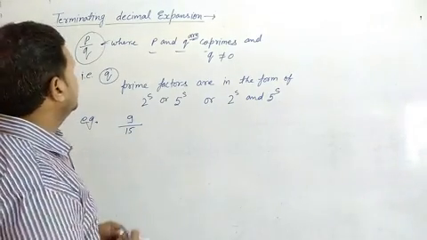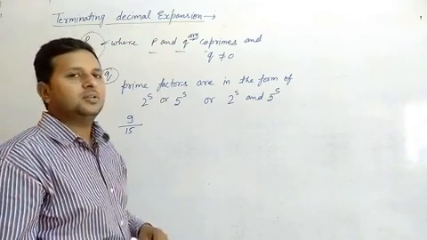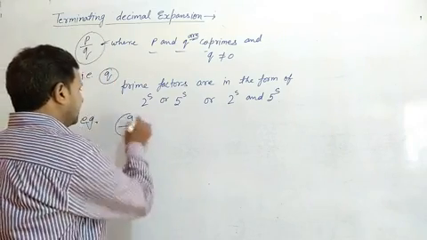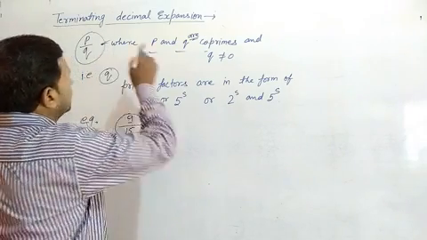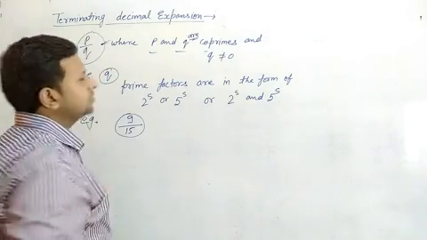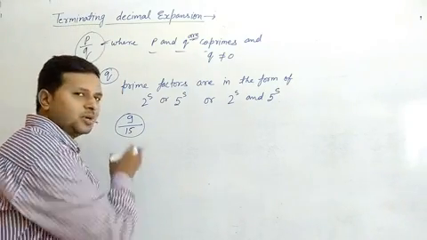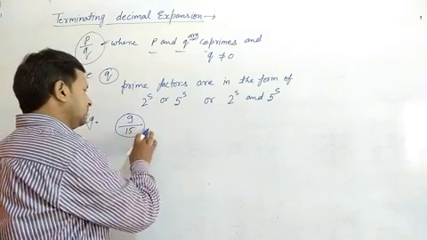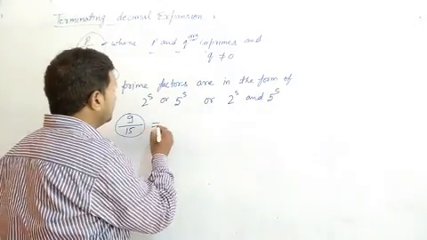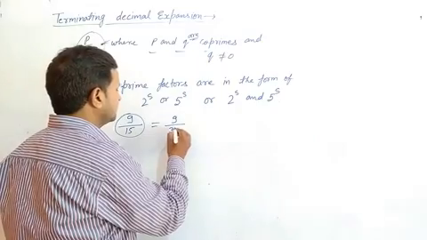See here, when we have to find terminating decimal expansion, question is asked in this way that if this number is terminating decimal expansion or not. So first of all, we have to convert given fraction or you can say given rational number in its simplest form. What is its simplest form?